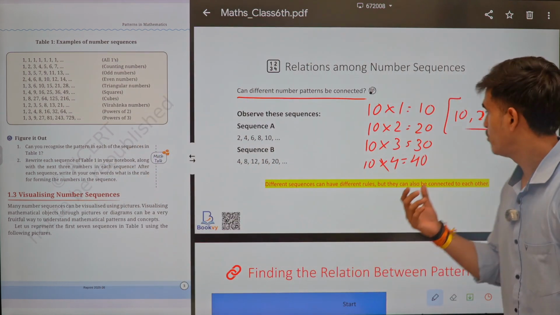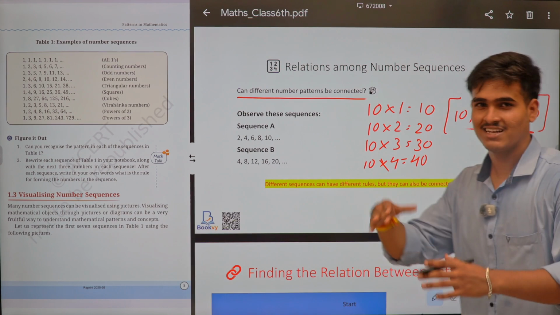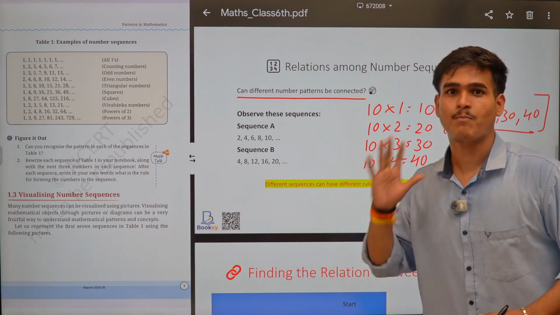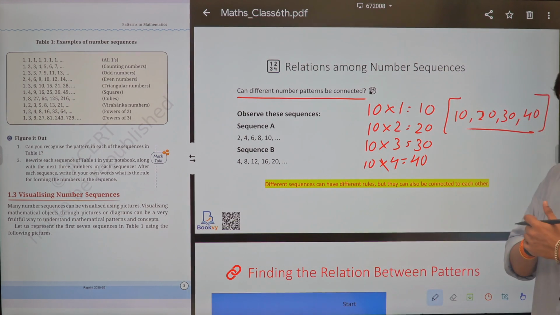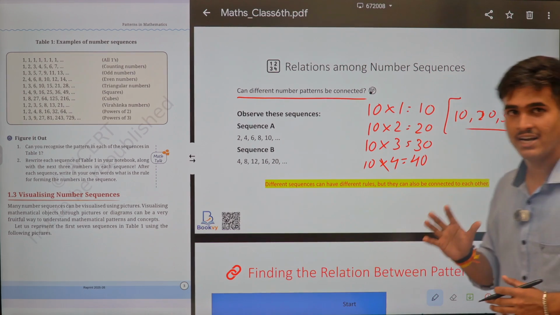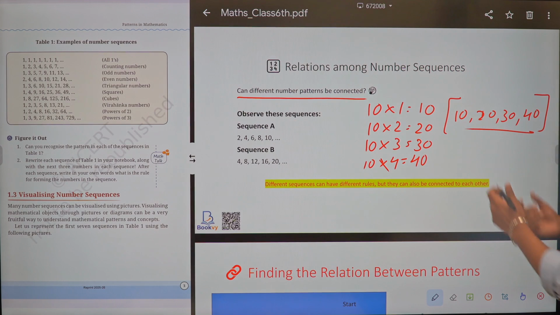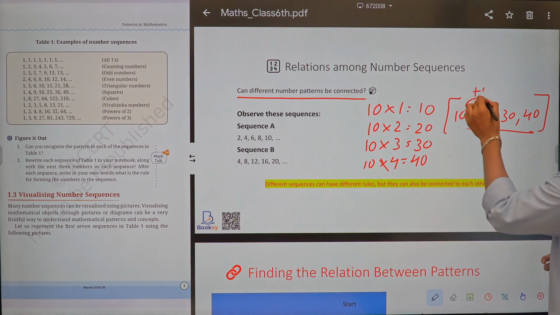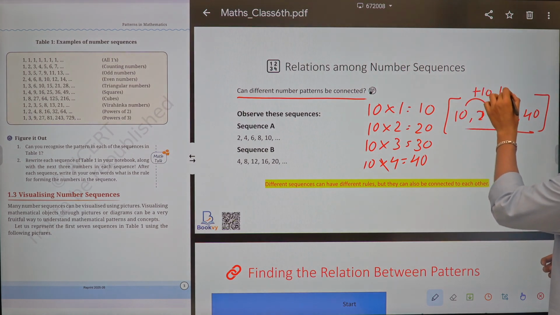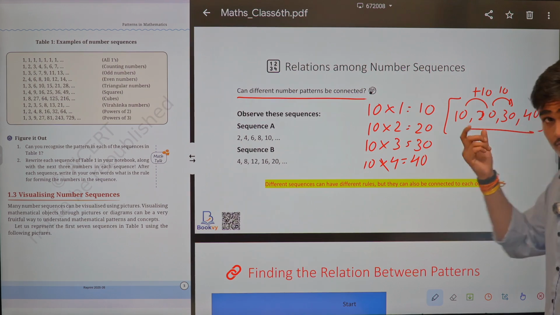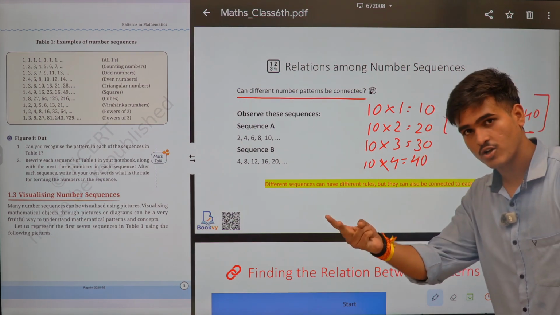Obviously you are smart, I know. You will say, sir, the number is increasing by 10. Yes, this is the pattern you will follow. This is also in the table, and the difference is also 10.